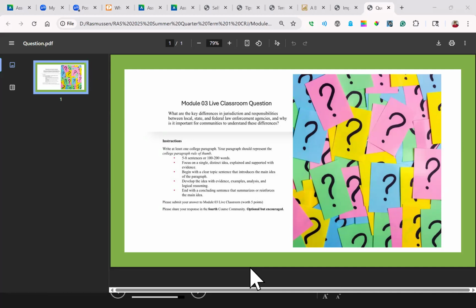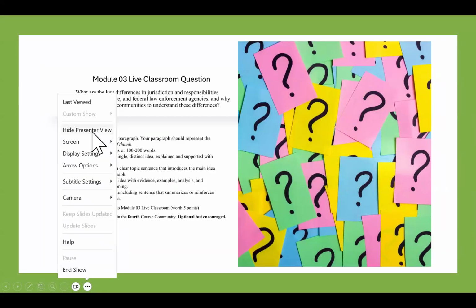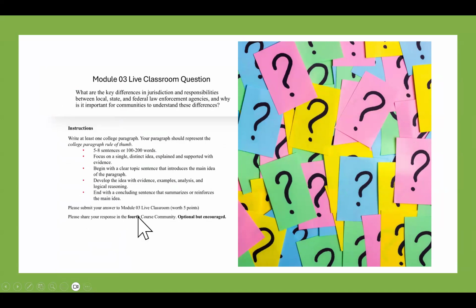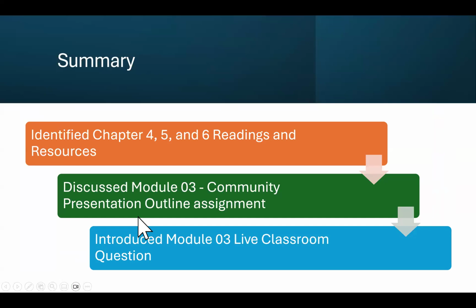Okay, and now we're back into the main PowerPoint. Let's summarize what we've talked about. I encourage you to read chapters 4, 5, and 6, readings and resources. I've shared some resources with you, and I hope those help you complete your outline. I also asked you to provide one of 2 possible outlines.